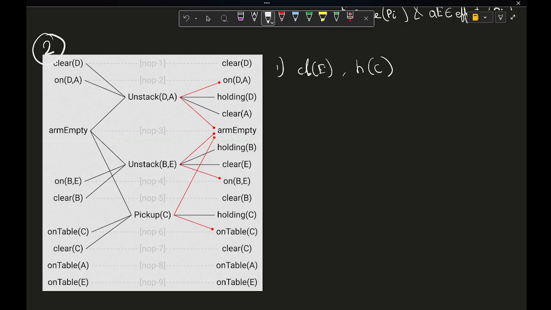Only one pair is there. For clear E and holding C, for clear E, only this is the positive effect one, and for holding C, only this is the positive effect one. So we can create only one pair. So the only pair is this.